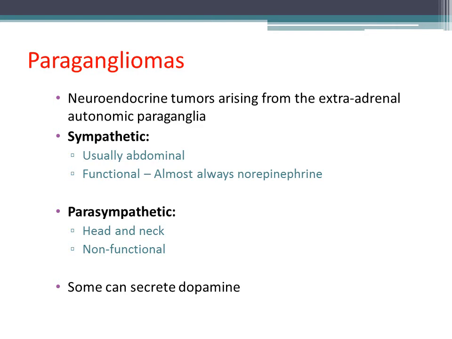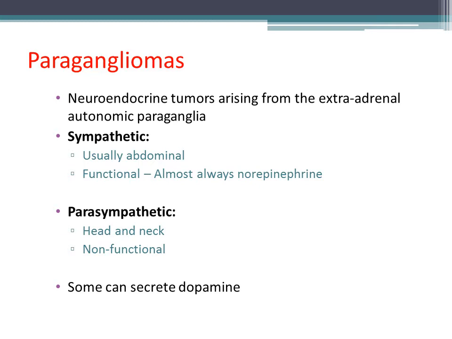Paragangliomas are neuroendocrine tumors arising from the extra-adrenal autonomic paraganglia, and they can be classified into sympathetic paragangliomas or parasympathetic paragangliomas. The sympathetic ones usually are abdominal, and they're functional and almost always secrete norepinephrine.